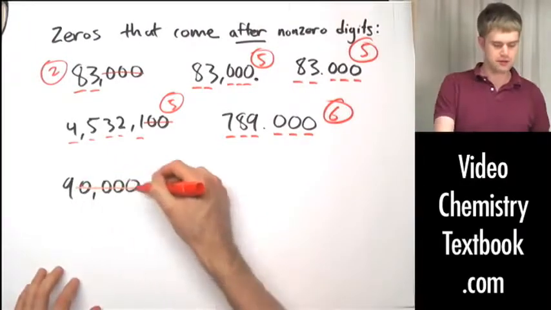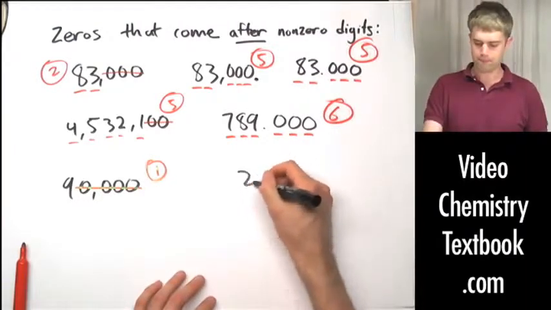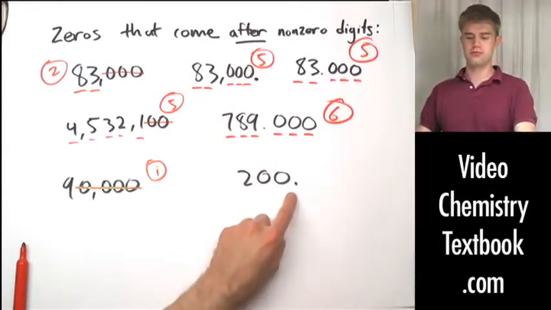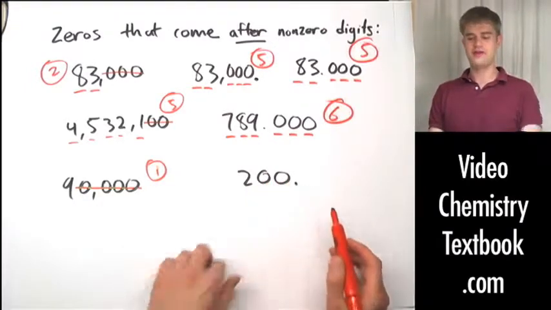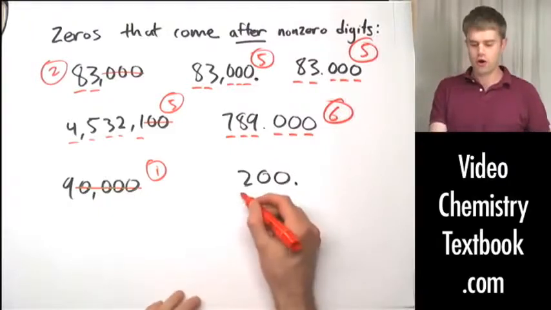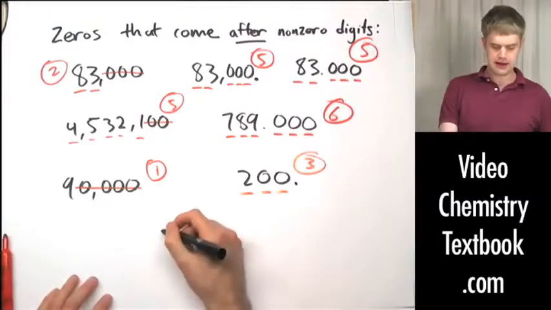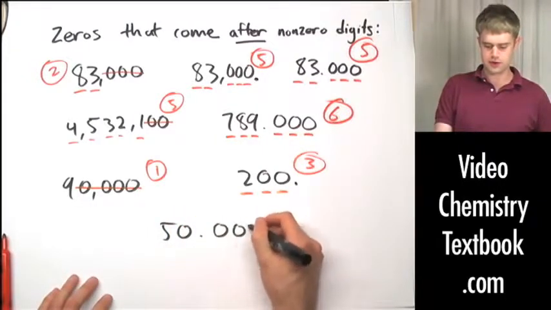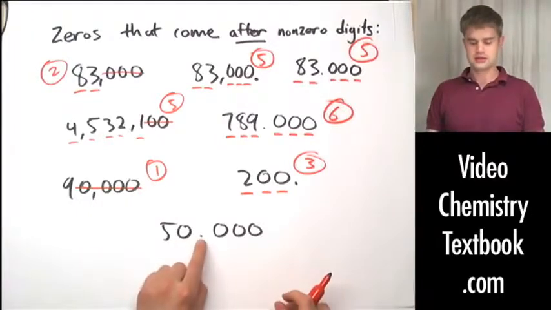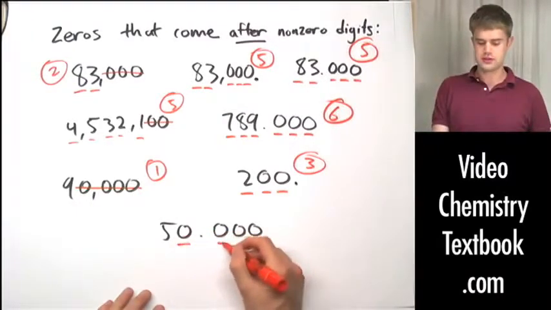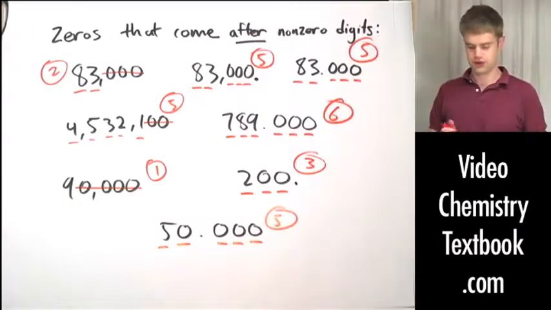So none of these zeros are significant, and there is only one significant figure here. 200 with a decimal place after it. Zeros to the right of the 2, there is a decimal point, so all three digits, including the zeros, are going to be significant. Lastly, let's do 50.000. Zeros to the right, and since there is a decimal point, all of these zeros are significant, so we have 5 total significant figures here.